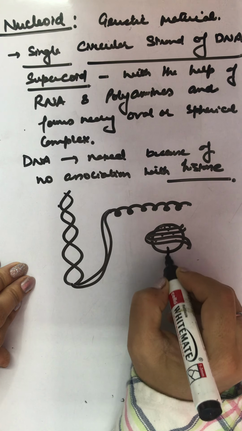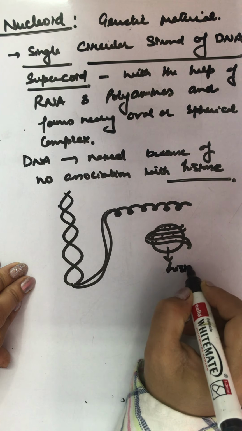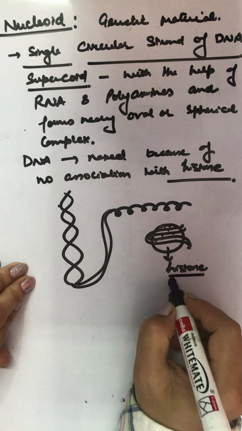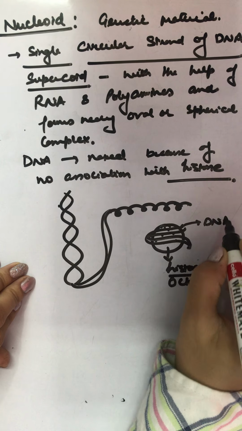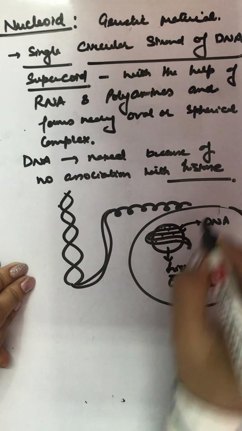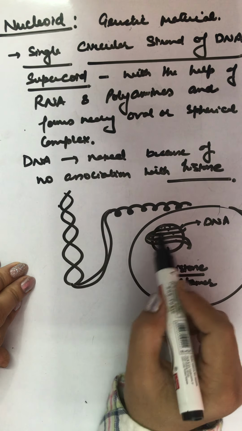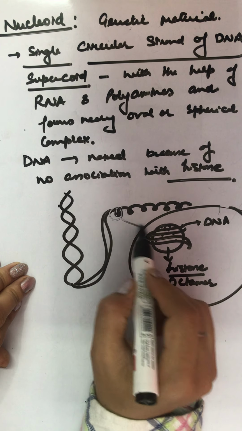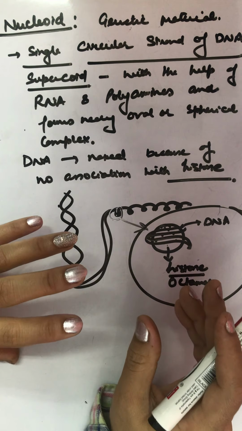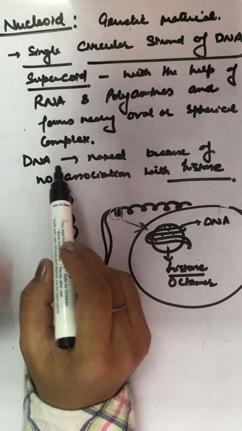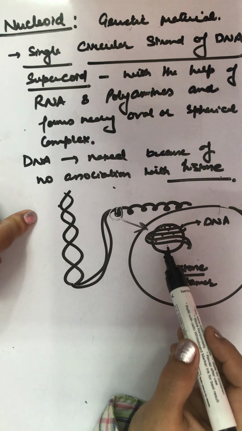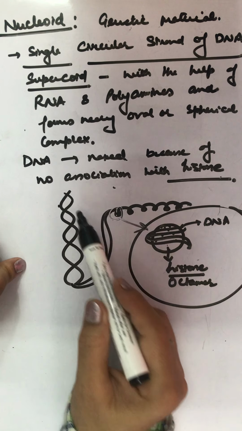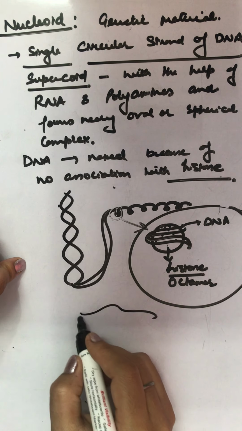DNA is wrapped over the histone octamer. That is mainly present in a eukaryotic cell, and since it is a wrapped structure, we call it a completely covered structure. In case of nucleoid, it is naked because of no association with histone. Histone octamer is not present. So in which form is this DNA present? Naked.